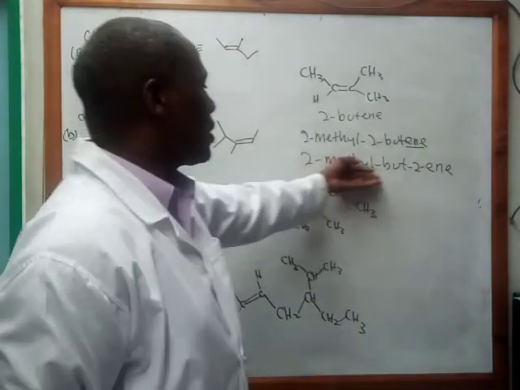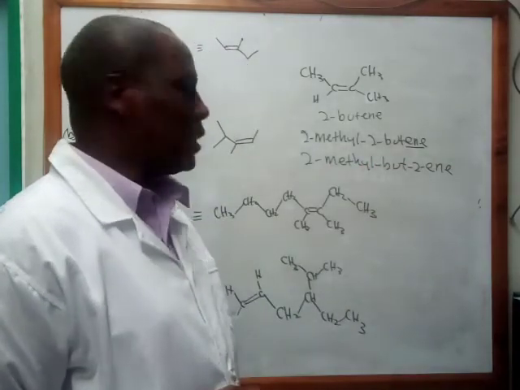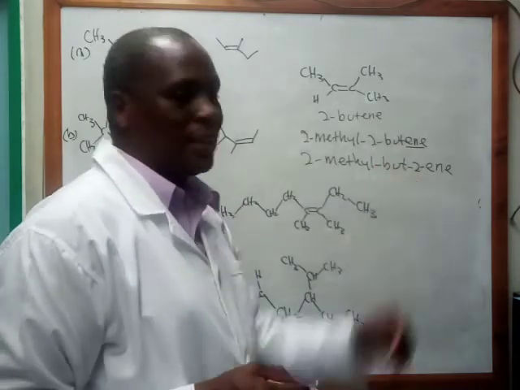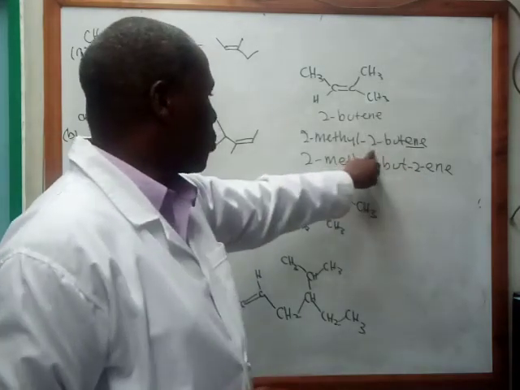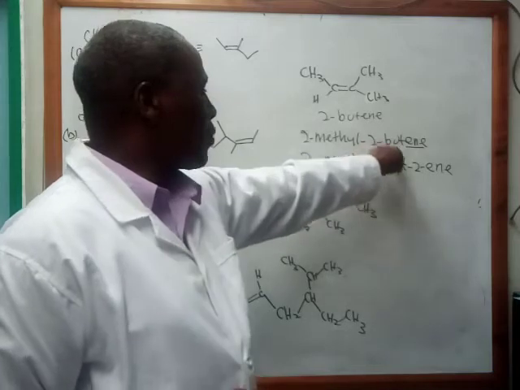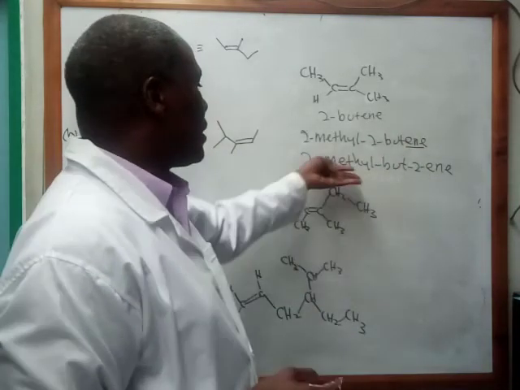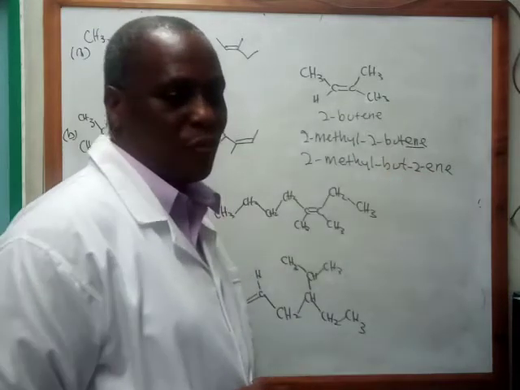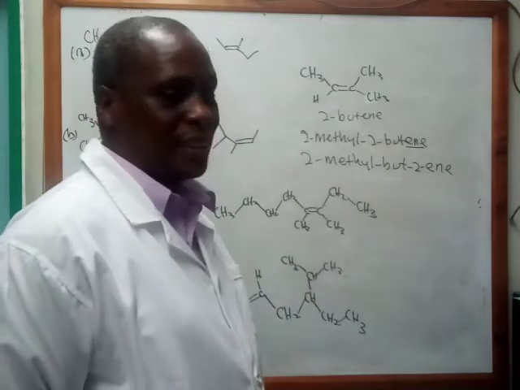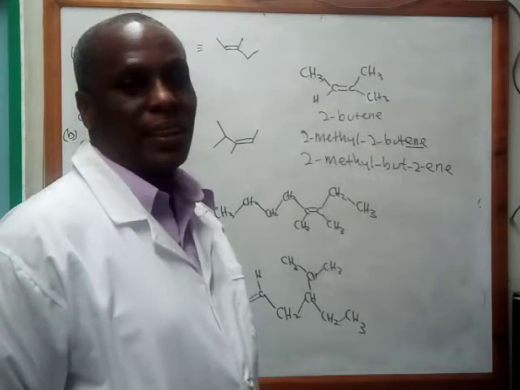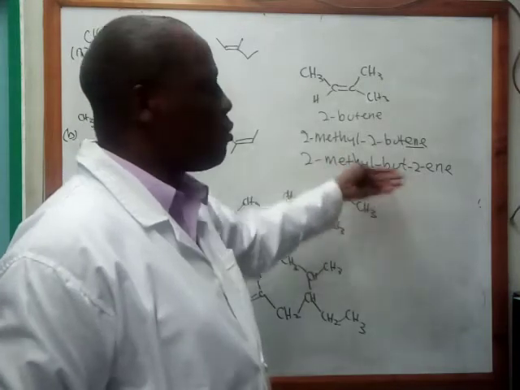Can you see this one is much easier to read, and everything is a bit clear as opposed to the case where there's a number for the double bond outside and the rest? Yeah? So this is the most preferred way of naming alkenes when they contain substituents, and this is the form which I'm going to use, yeah?